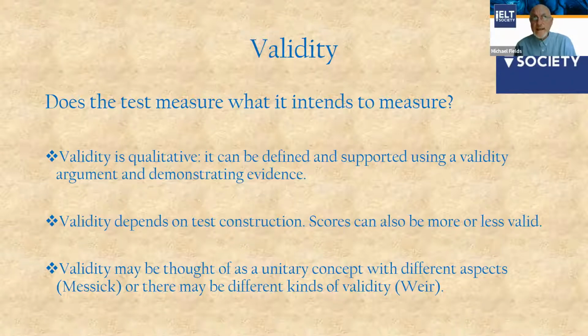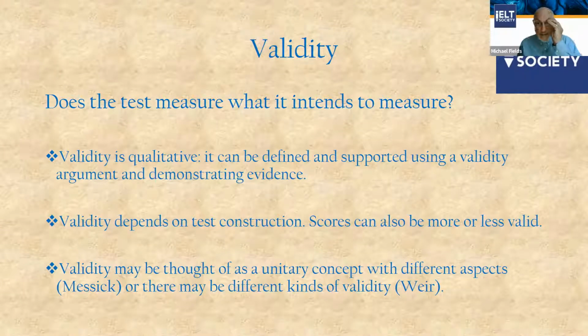It is whole, it cannot be divided, there is simply validity. And though there may be different aspects, validity is validity. It is one single concept. And when we want to measure validity, what we're measuring is simply validity.